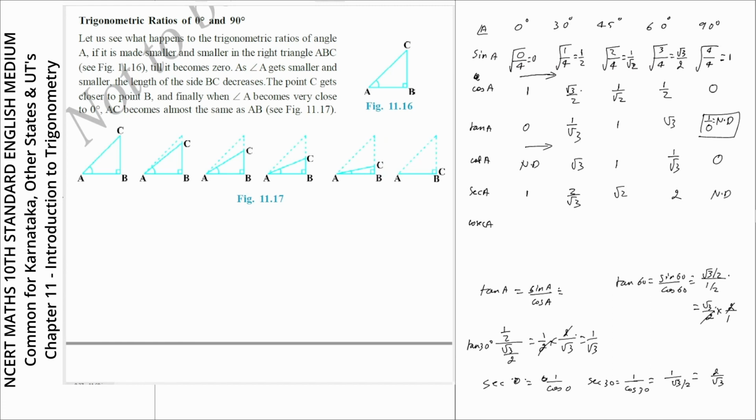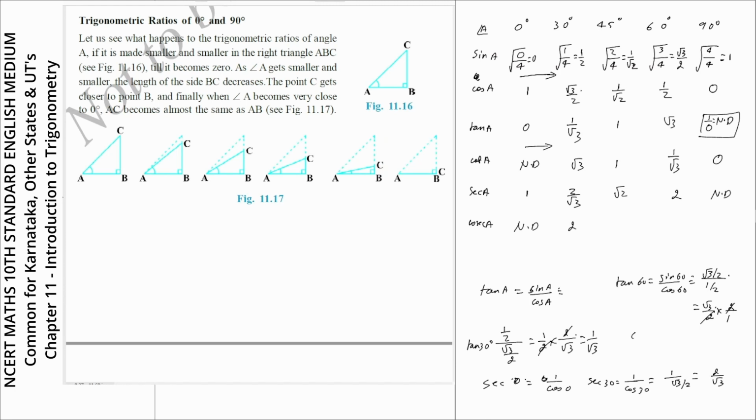Now cosecant of A is 1 by sine of A. Cosecant 0 is 1 by 0, I will get not defined. And here cosecant 30 is 1 by sine of 30, sine 30 is 1 by 2, so 1 by 1 by 2 is 2.